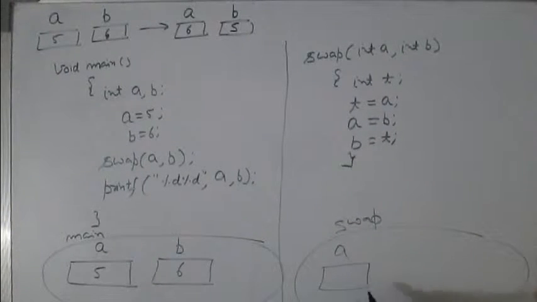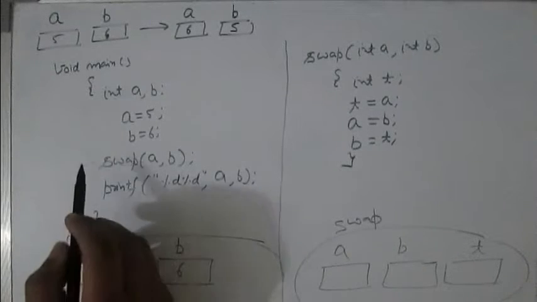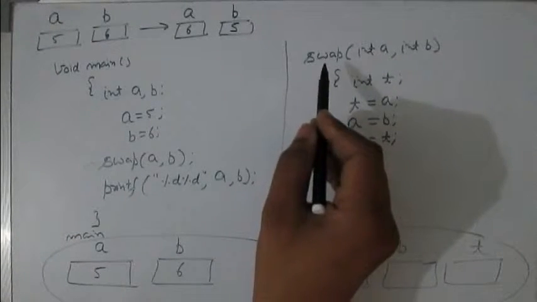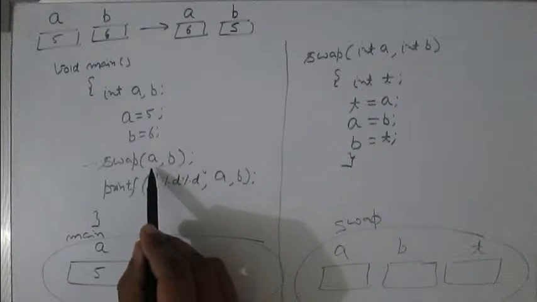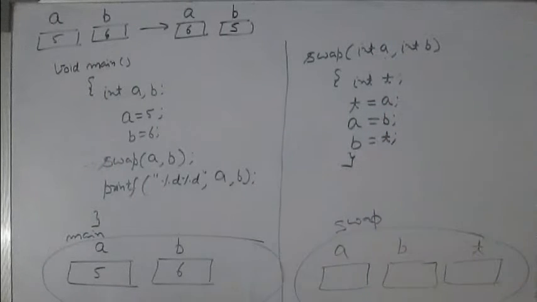Here we have three variables A, B and T. When control comes to this point, it calls the swap function and passes two values, A and B. These values are stored in these arguments.